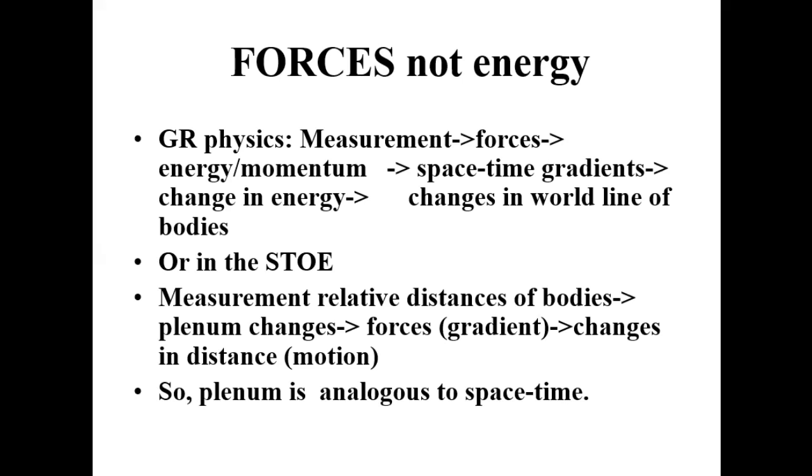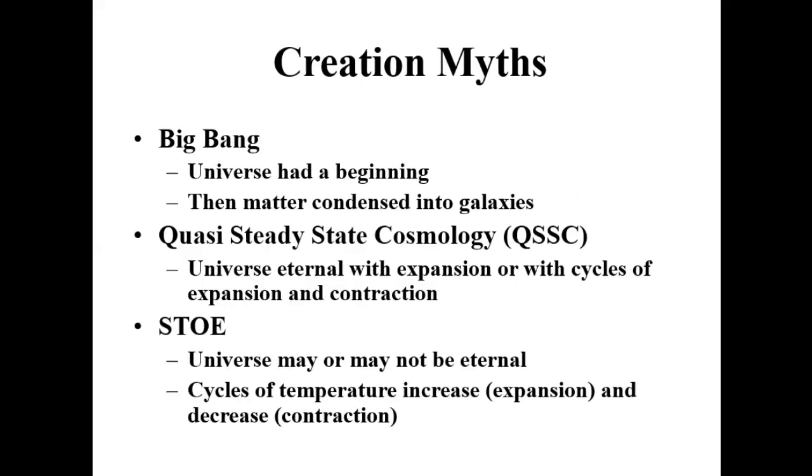Or in the STOE, we measure relative distances of bodies, which then gives you the plenum changes. These then cause forces or gradients in the plenum acting on bodies, and these by inverse transform causes changes in the motion. So the plenum is somewhat analogous to space-time.